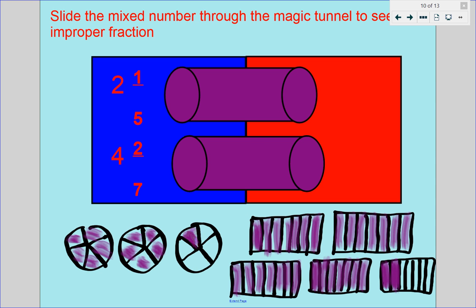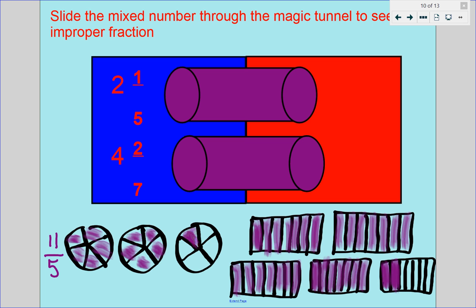So to count them out, I have 5 in each, so that's easy. 5, 10, 11. I have 11 pieces, and they're cut into 5 pieces each. So I have 11/5 for that one. And then over here, I have 7 in each, so I have 7 4 times, which gives me 28.